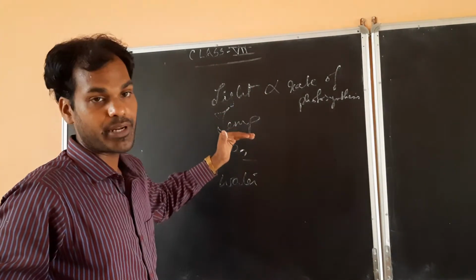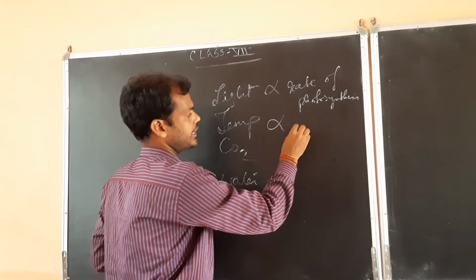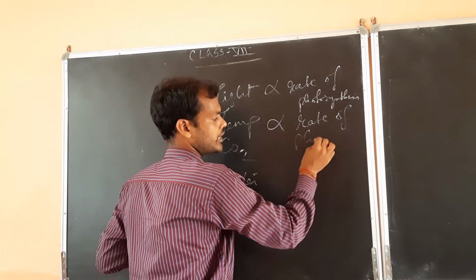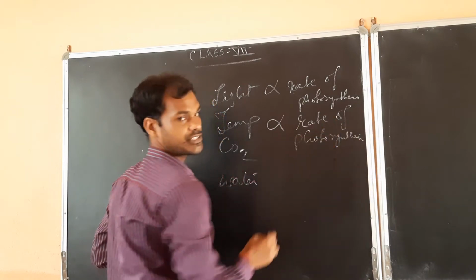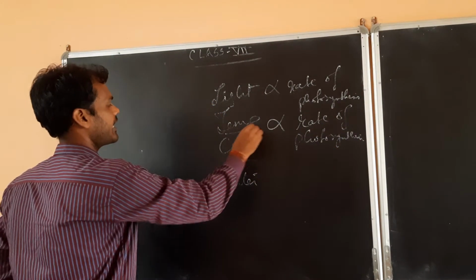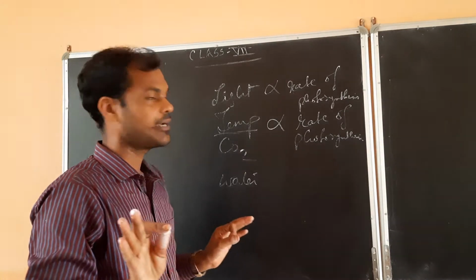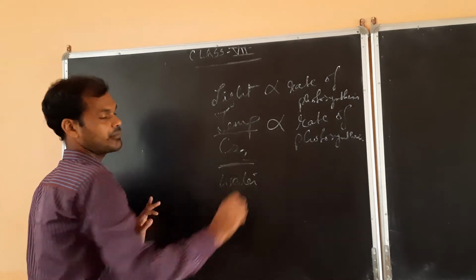Now coming to temperature. Temperature is also directly proportional to the rate of photosynthesis, but after a certain point, if the temperature exceeds 45 degrees centigrade, the rate of photosynthesis starts to decrease. Now we have carbon dioxide.